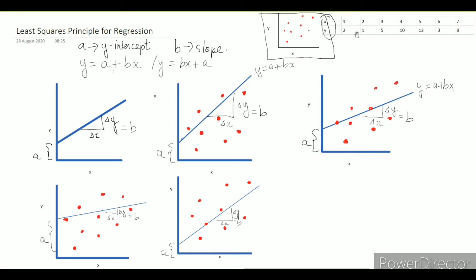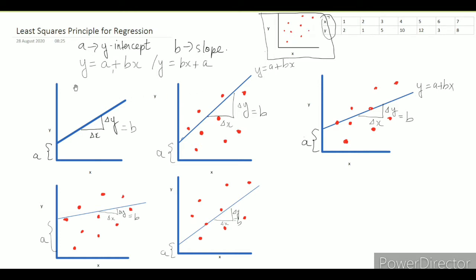If we had more values of x and y, those points will continue to lie in the upward direction. So that is why we try to draw a straight line, predicting or expecting that the values will lie in the upward direction.